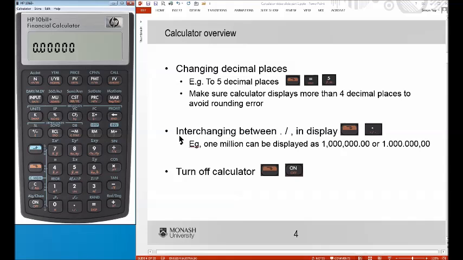Next, interchanging between period and comma. I'll start with an example. 1 million can actually be displayed as this or that. In the first display, we have the comma as the digit separator and the period as the decimal point.